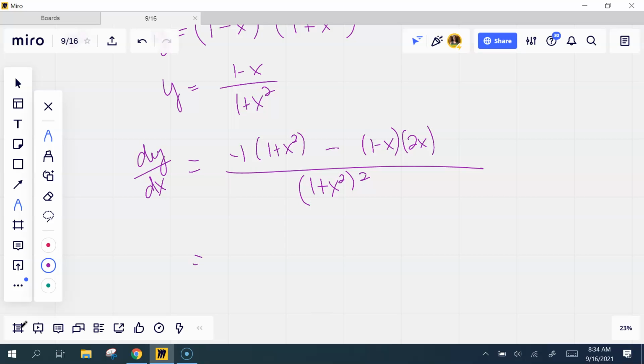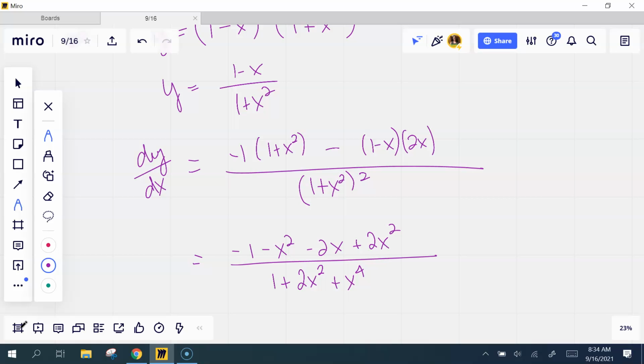Clean it up. -1 minus x squared minus 2x plus 2x squared, all over. I'm going to go ahead and FOIL this out. 1 plus 2x squared plus x to the 4th. Because you just square the ends and you put these together and double it in the middle.